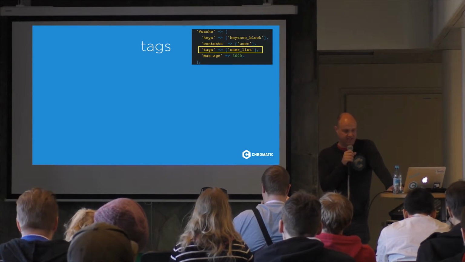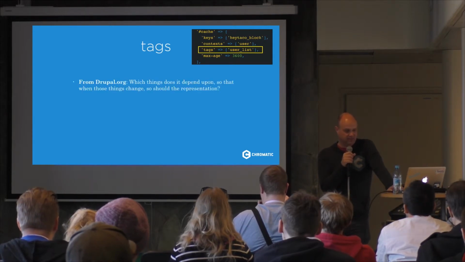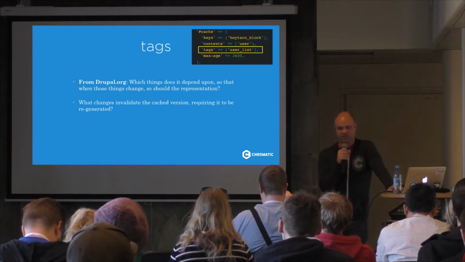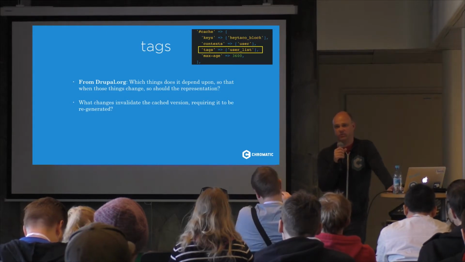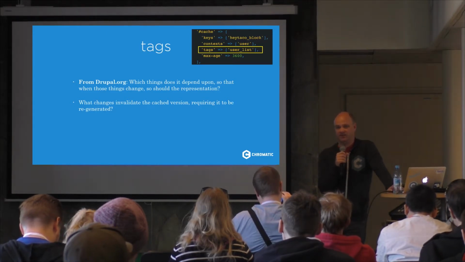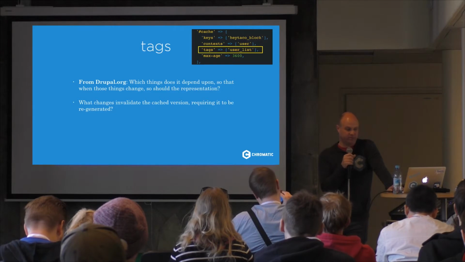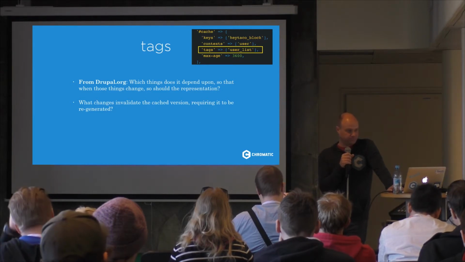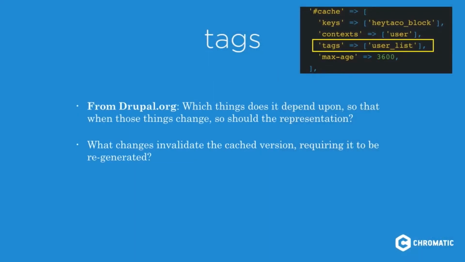Now, and tags. Which things does it depend upon so that when those things change, so should the representation? So basically, this is what is it that would invalidate this cache? So basically, and this is what was pretty neat for me during the development, I ran into some trouble with it because I was like, okay, it has to be when a user changes something.